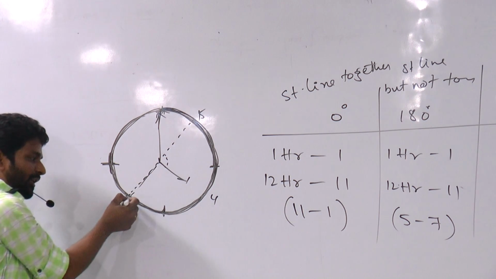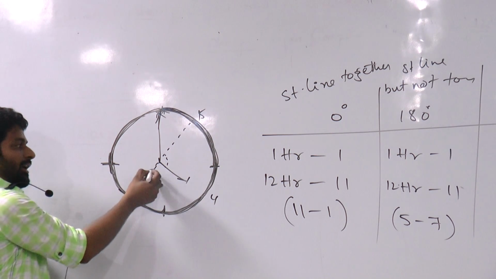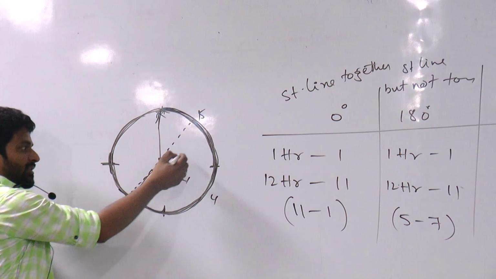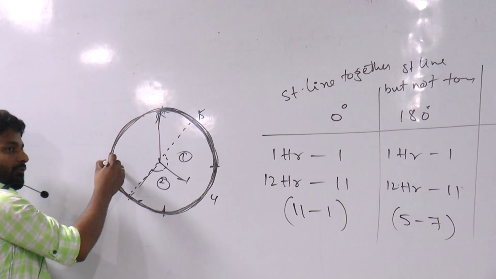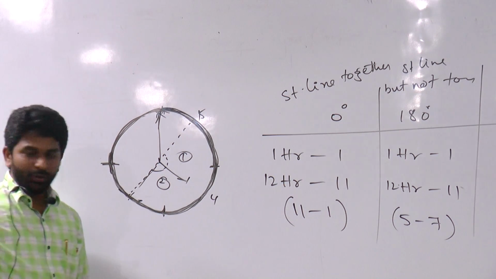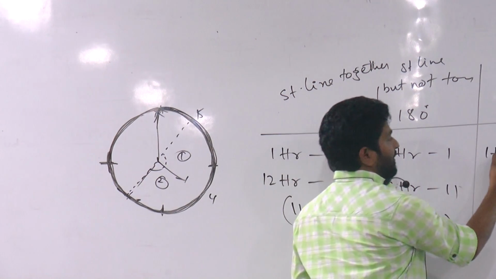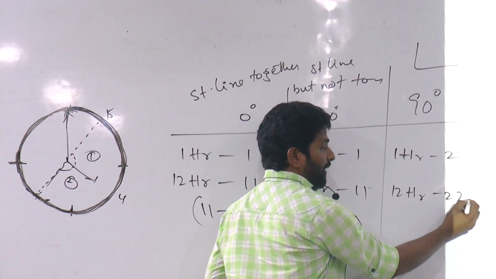At near about 4:35, not exactly at 4:35, it will form for the second time. This is for the first time, this is second time. 4:45, 5 o'clock. In 1 hour, it will form for 2 times. In 12 hours, it will form for only 22 times.